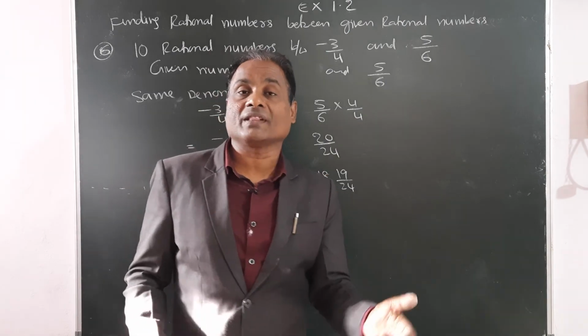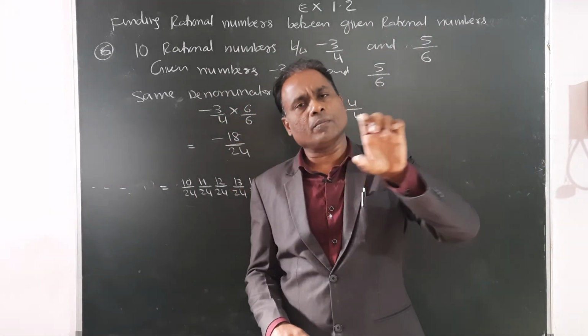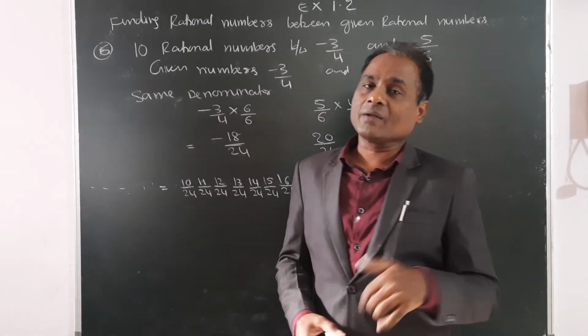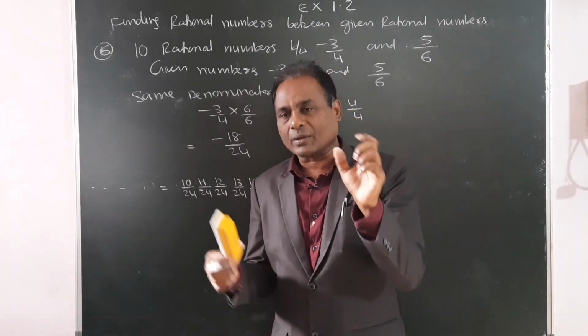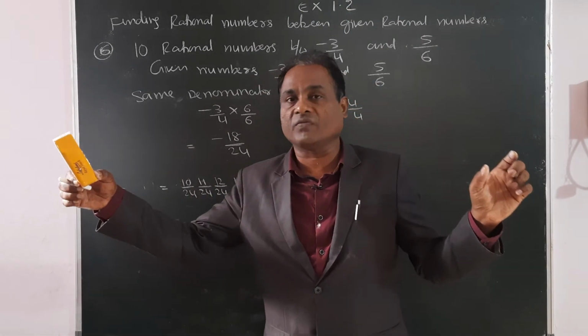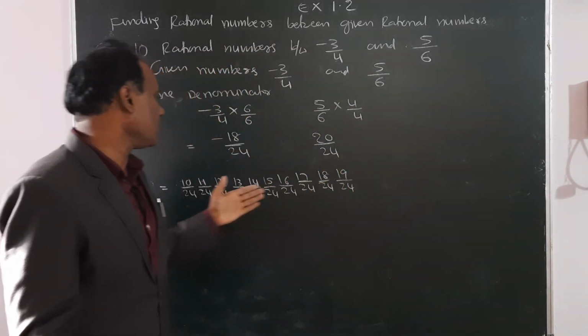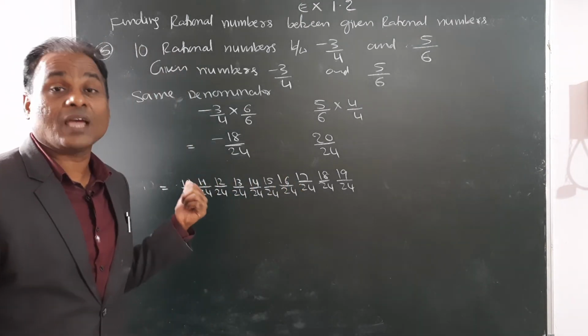One is the mean method, (a plus b) by 2. Using that we can find any number of numbers between the given numbers, but it will be somewhat lengthy. The second method is to multiply the numerator and denominator with some number so that the denominators become the same in both fractions, so that we can conveniently write any number of numbers between the given numbers.